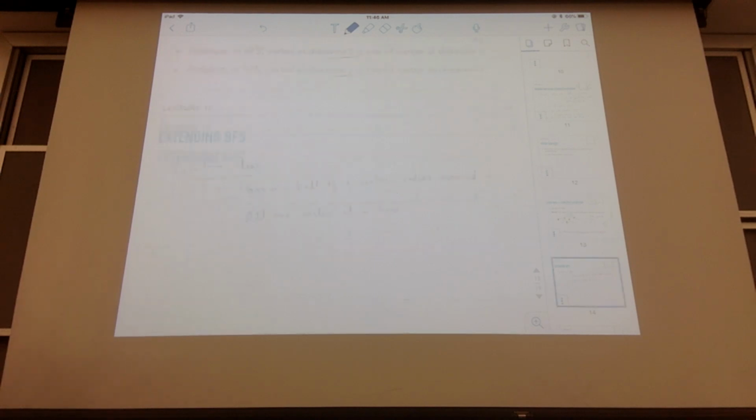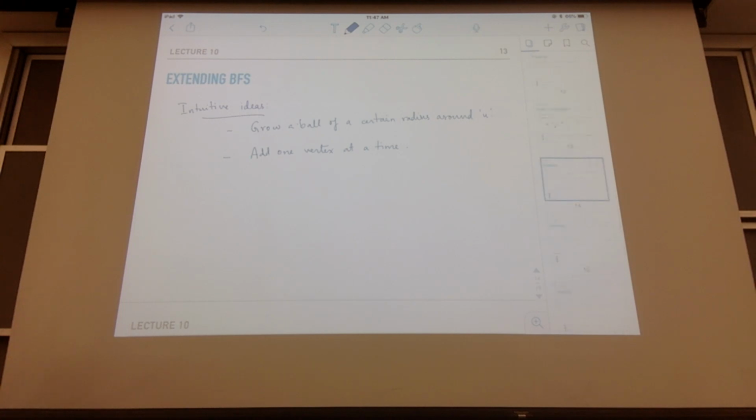Yeah, so this is the idea behind it. So let me now write down the algorithm. Okay, so the formula is: start with vertex u here, and add.